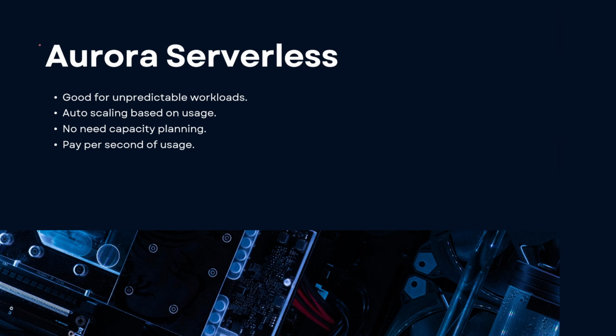Now we're going to be talking about Aurora Serverless. This is another good feature provided by AWS for the Aurora database. It is really good for unpredictable workloads. So if you have a database wherein you are not quite sure what the workload is going to be, it's very unpredictable, in that scenario, you can go with Aurora Serverless.